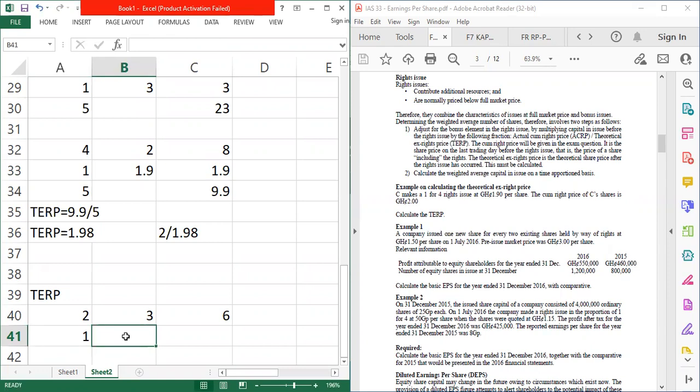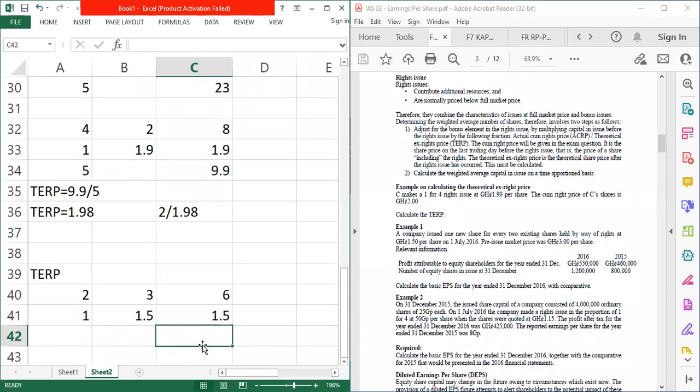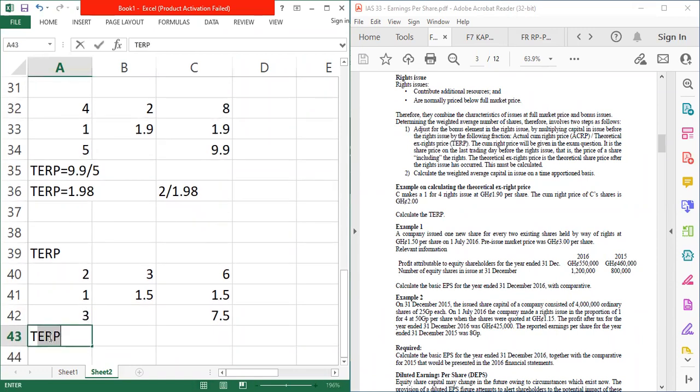At how much? 1.5. So our total value will be 7.5. And our total number of shares will be 3.